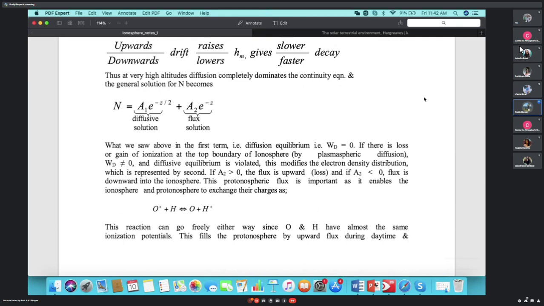The process of production and loss is more relevant at lower heights. At higher heights, above the F2 peak, that means say 500 kilometers, 600 kilometers, 1000 kilometers, diffusion is the primary process. Production and loss will be there, but diffusion is the primary process. Okay? So this is about F2.